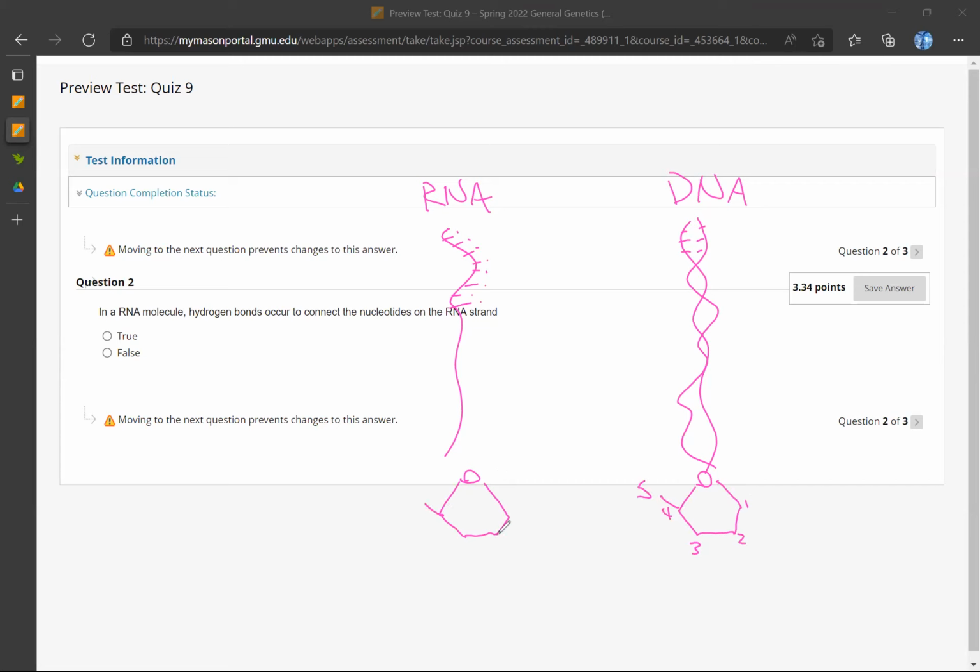The thing is, on RNA, on this 2 prime carbon, we have a hydroxyl. And this pentagonal sugar is called ribose, and that's why it is called ribonucleic acid. Deoxyribonucleic acid, on the other hand, does not have an OH. It has been deoxied, and that's why it is called deoxyribonucleic acid.